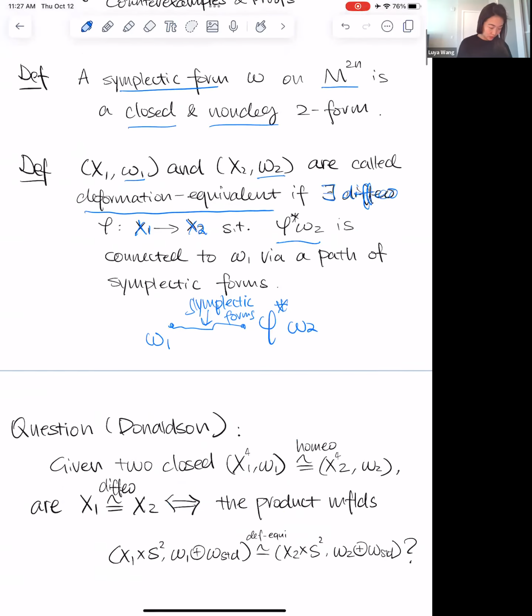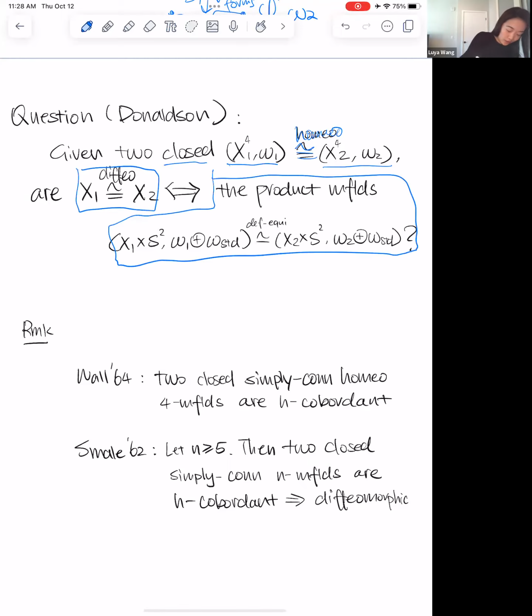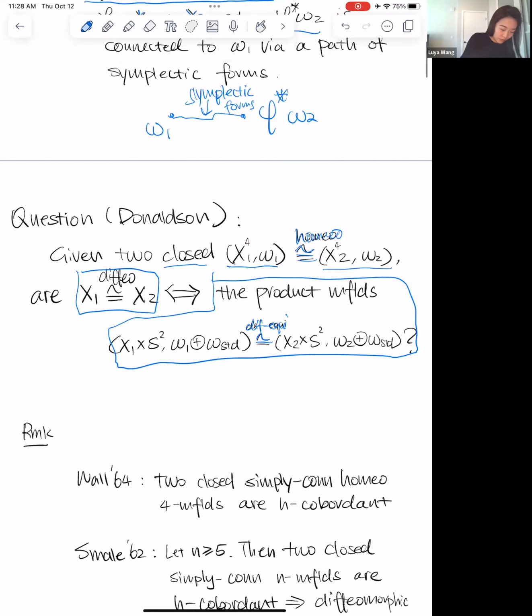Okay, so the question by Donaldson, as written in the Solomon book, this is where I learned it from, says: if I'm given two closed symplectic four-manifolds that are homeomorphic, then Donaldson asks whether they're diffeomorphic if and only if the product symplectic manifolds with S2 are deformation equivalent, where deformation equivalent is the notion I described right here.